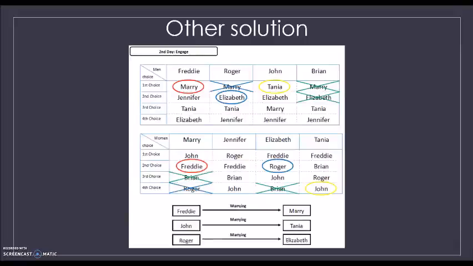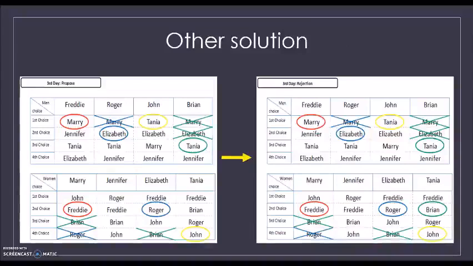Okay, now three couples are settled. Now just Brian, who got engaged two times, Mary and Elizabeth already rejected him. So he has to do the third iteration. He chooses his third choice, Tanya.